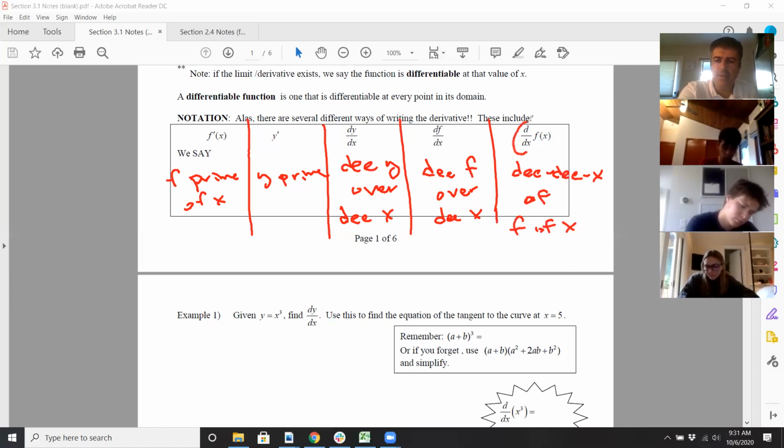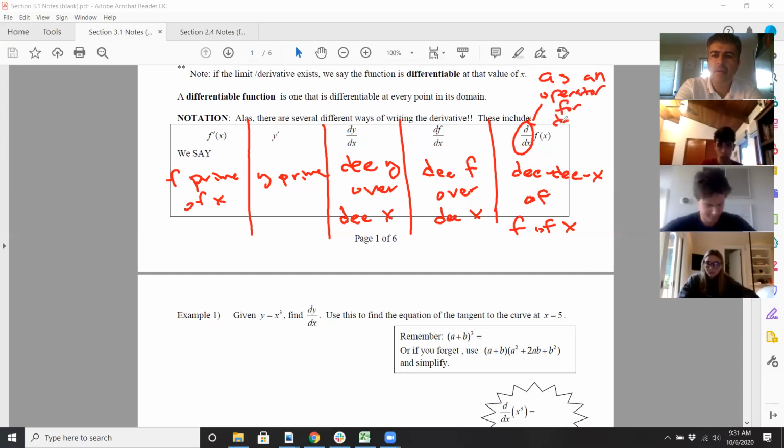This right here is thought of as an operator for the derivative.